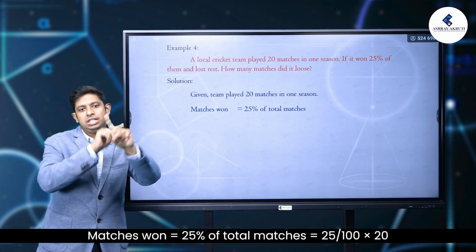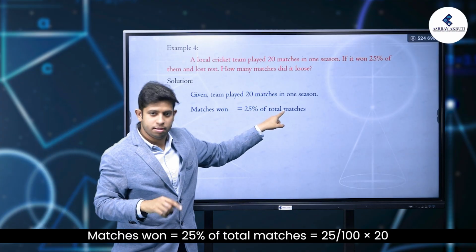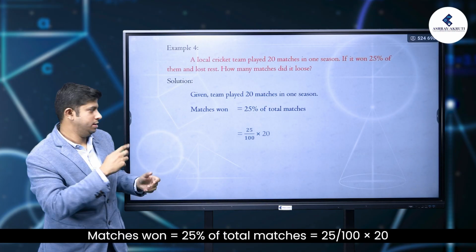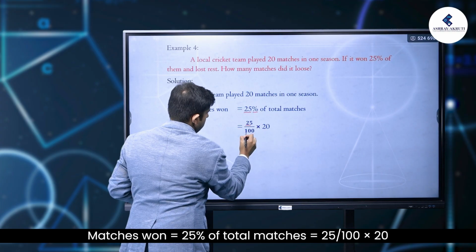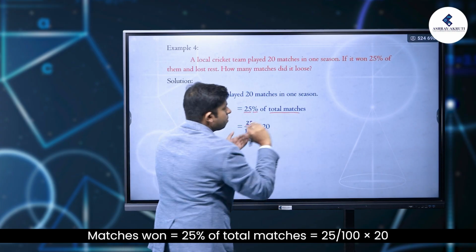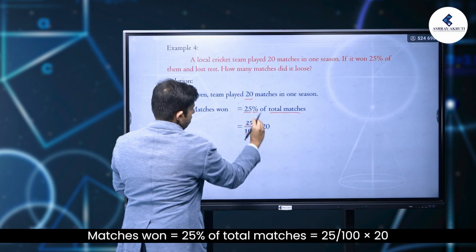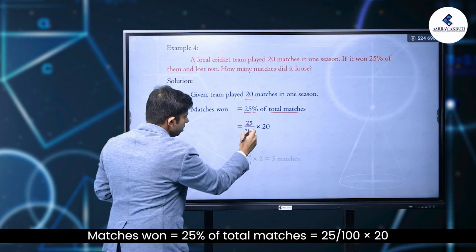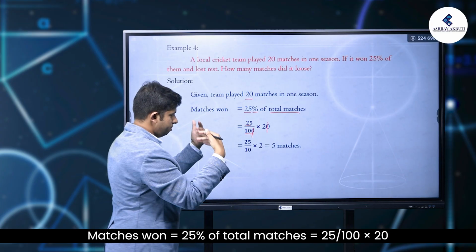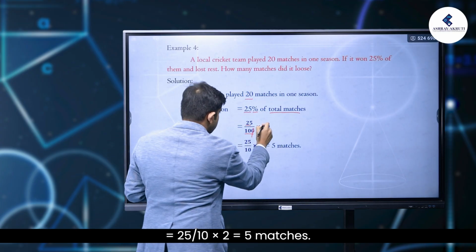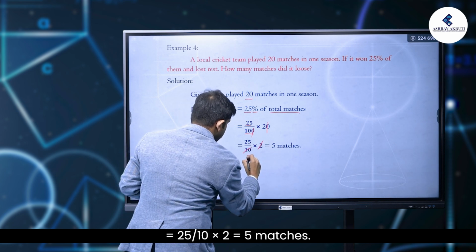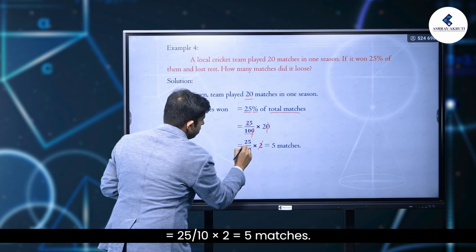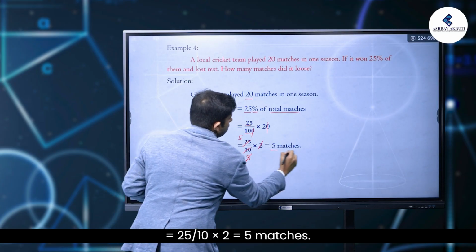Matches won is equal to 25% of total matches, equals 25 by 100 into 20, equals 25 by 10 into 2, which is equal to 5 matches.